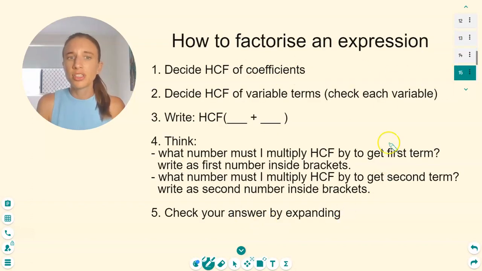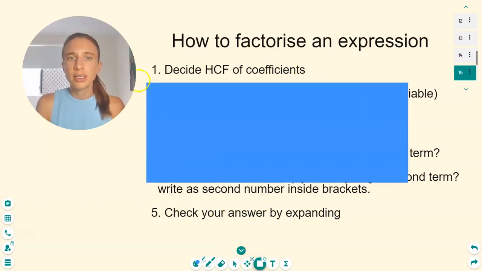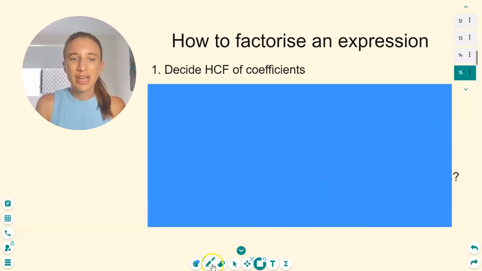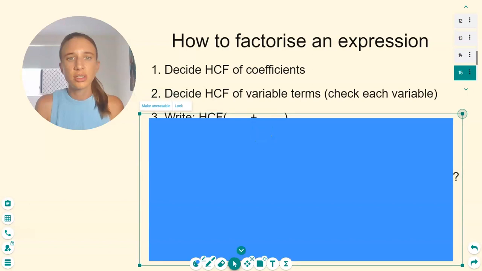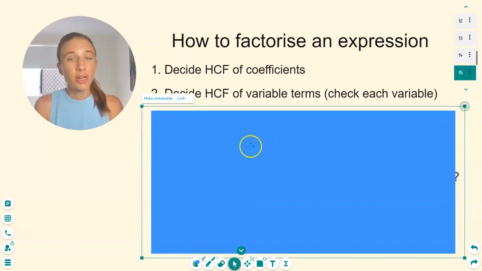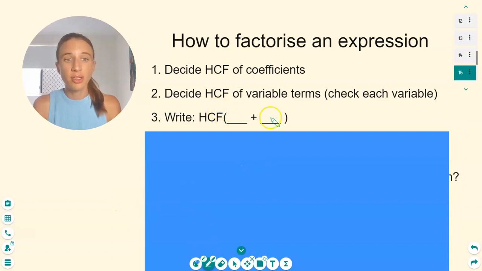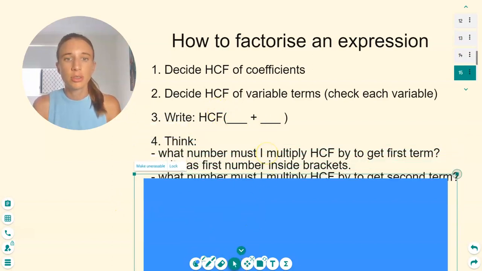Alright, this is the process we use. In order to factorize expressions, we decide the highest common factor of the coefficients. We decide the highest common factor of the variable terms. We write the highest common factor out the front and set up our little solution.